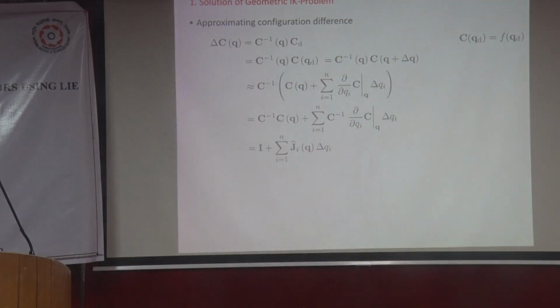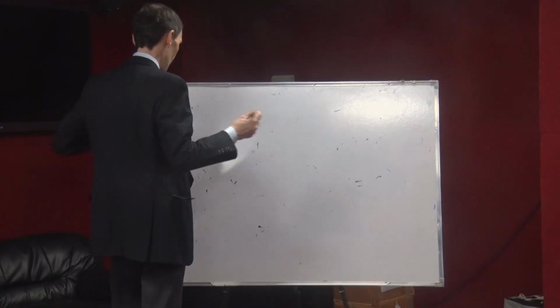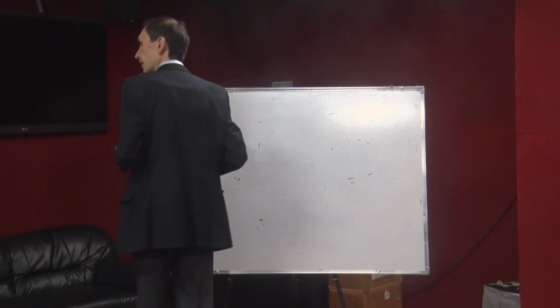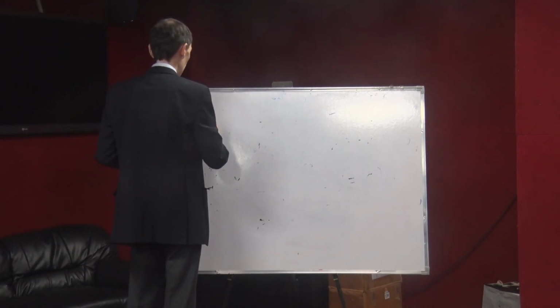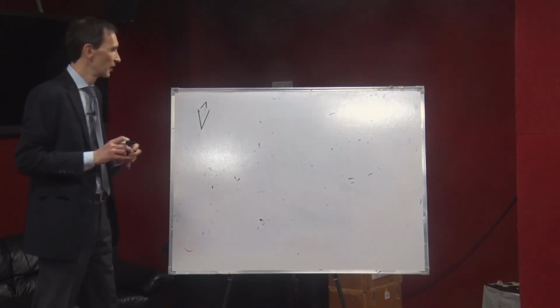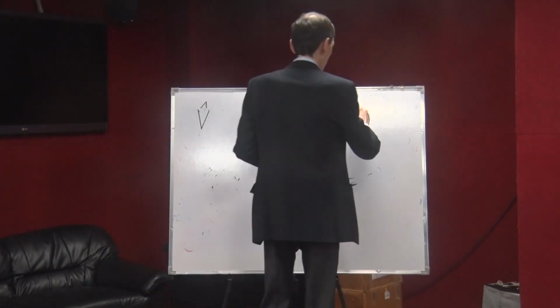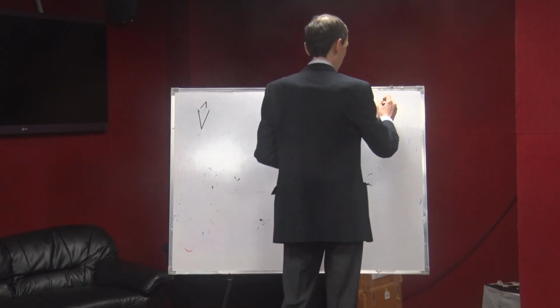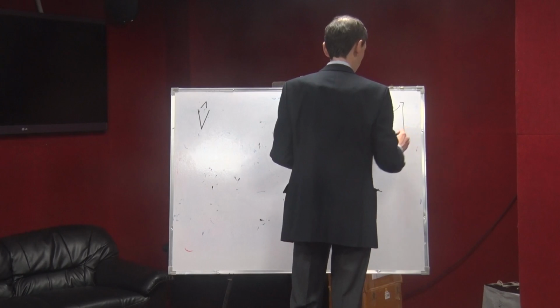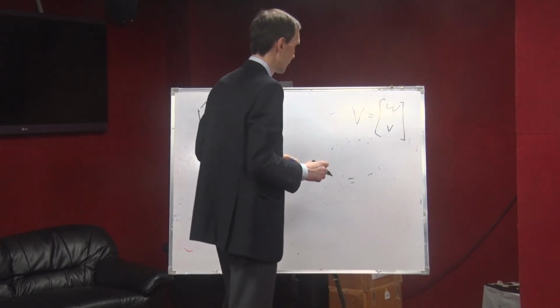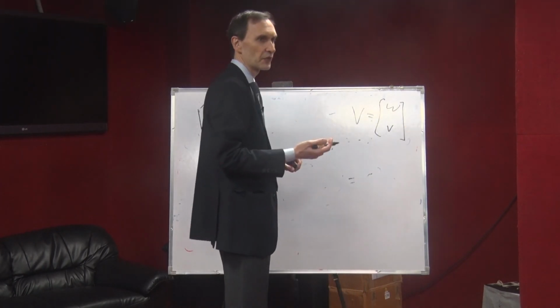Now let me define, how did we define the body-fixed twist? Well, we had the body-fixed twist defined as this omega vector, and then we have the little v, the linear velocity, and this gives you the twist, right?